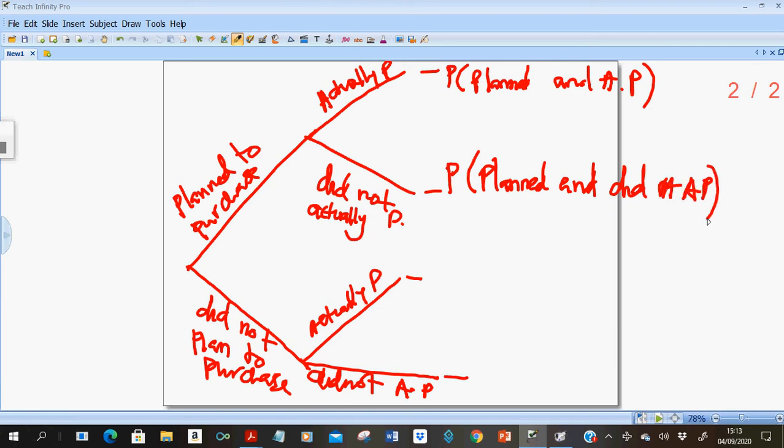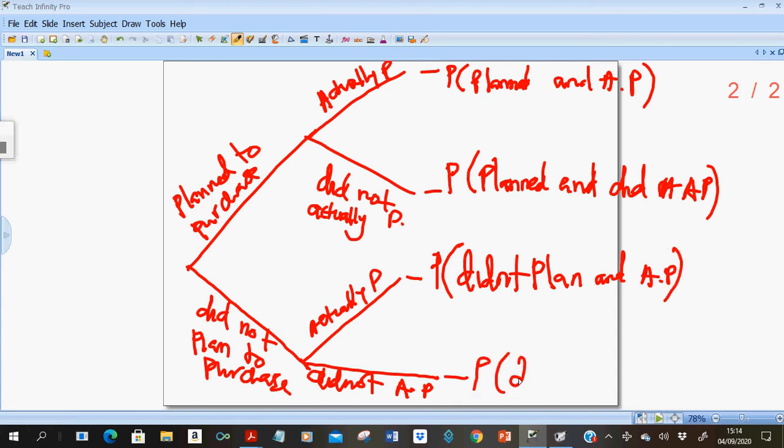From that branch, we get the probability of those that did not plan and actually purchased. Finally, we have the probability of those that did not plan and also did not actually purchase. So those are the probabilities that we can obtain from our tree diagram.